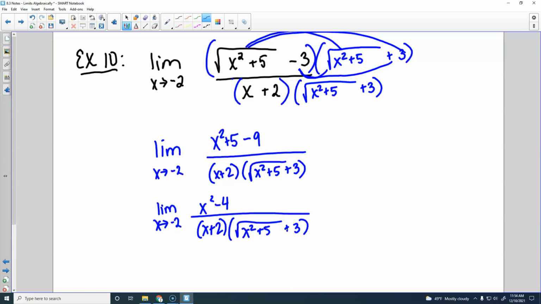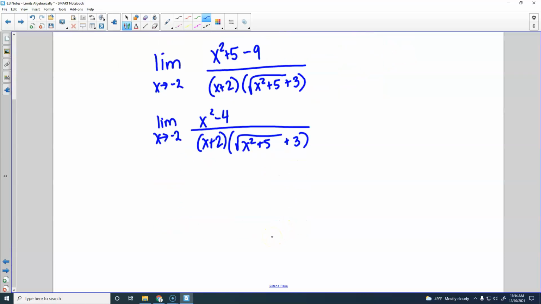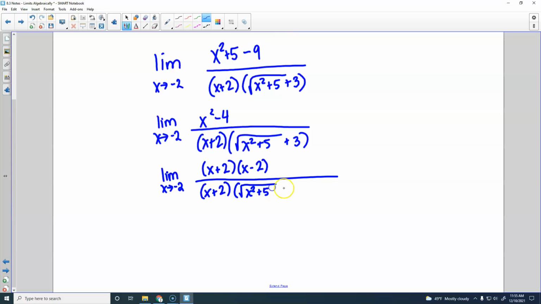But x squared minus 4 factors into x plus 2 times x minus 2. And if I factor it into x plus 2 times x minus 2, now something will cancel. This x plus 2 can cancel for me.